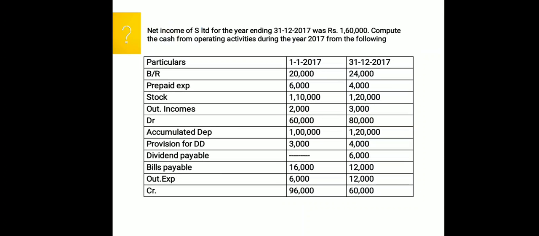Then we have provision for doubtful debts, that is your current liability, and as it is increasing, so we need to add. Then we have dividend payable. Earlier we have nothing and we have paid actually 6,000, so dividend payable is your non-operating or non-fund expense. Kindly be clear with your non-cash and non-operating.